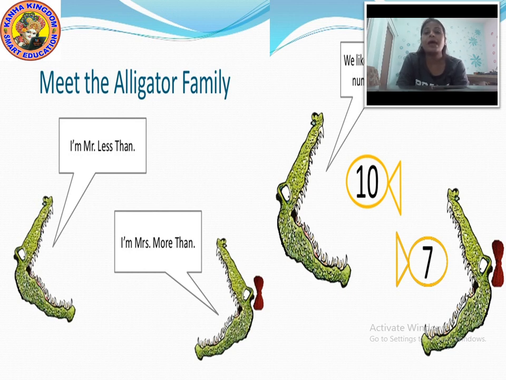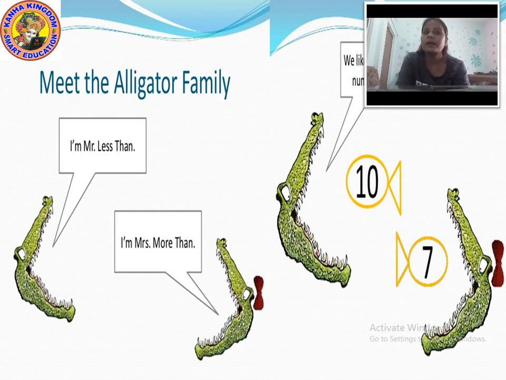Now what did more than and less than do? They eat only bigger numbers. They don't like to eat less things, or less numbers. They only like to eat bigger numbers or more things.